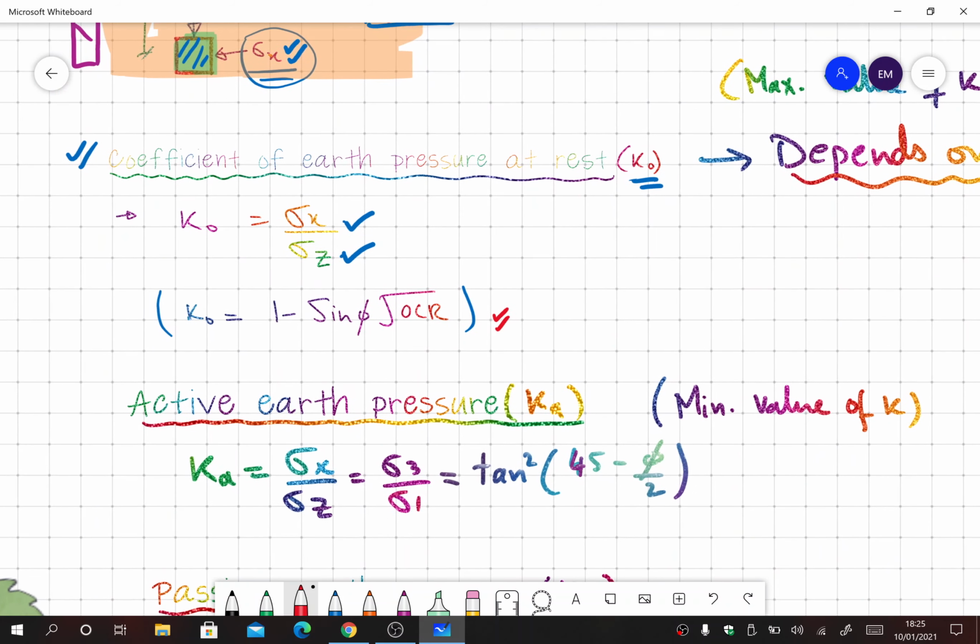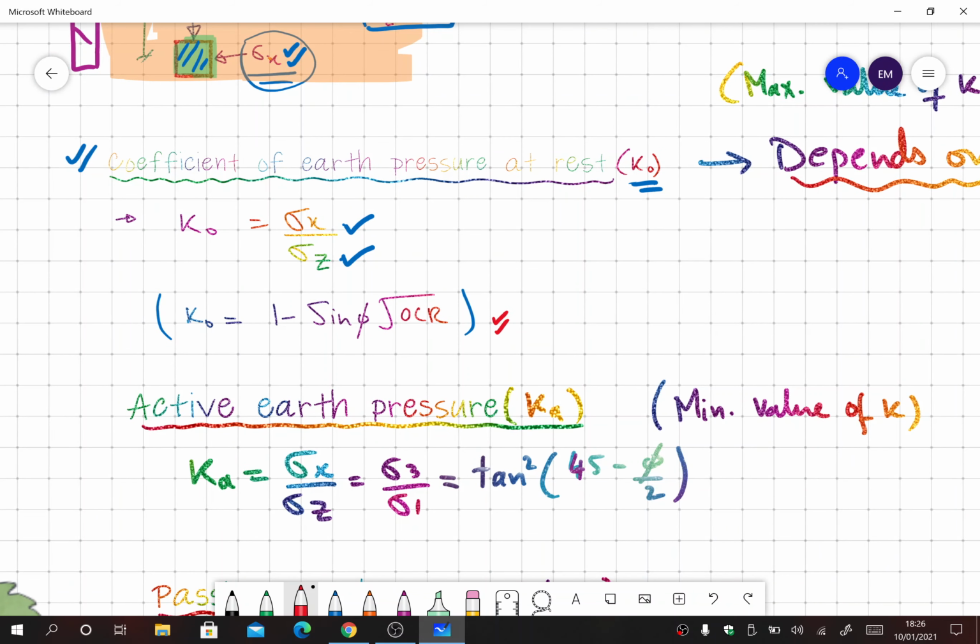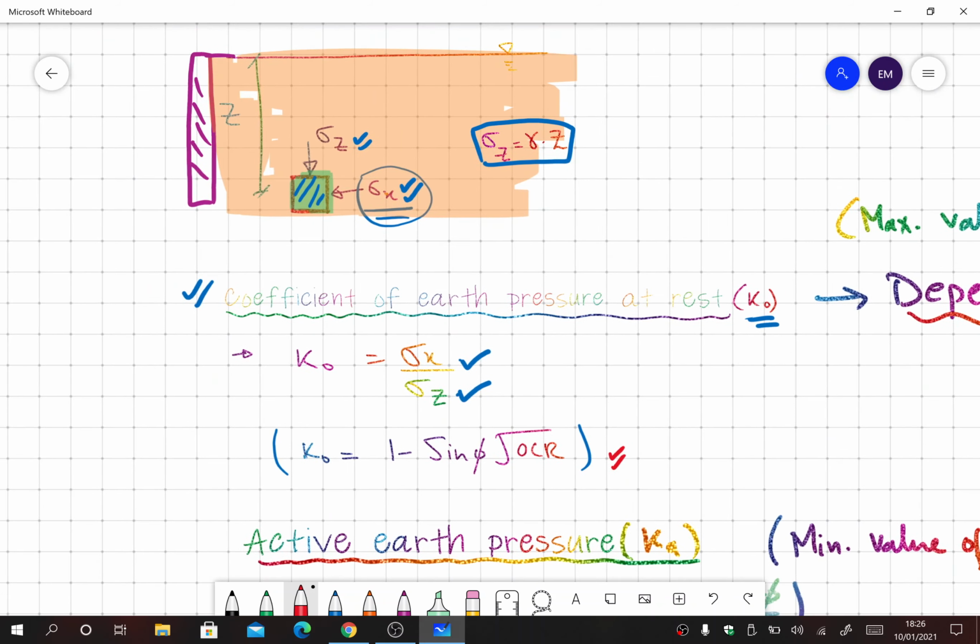The second thing, as we have explained earlier, according to Rankine, active earth pressure is indicated by Ka, and once again it is equal to sigma x over sigma z, that means horizontal stress over the vertical stress, but this time it's equal to the minor principal stress over the major principal stress. So let's see why we have this situation here.